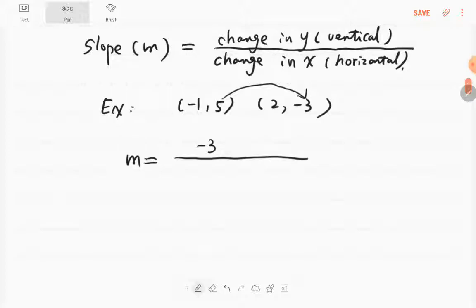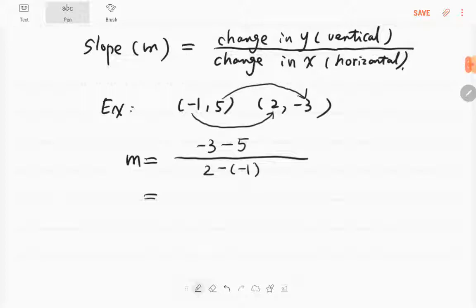We change the point from 5 to -3. Similarly, we know the x value goes from -1 to 2. So 2 minus -1.